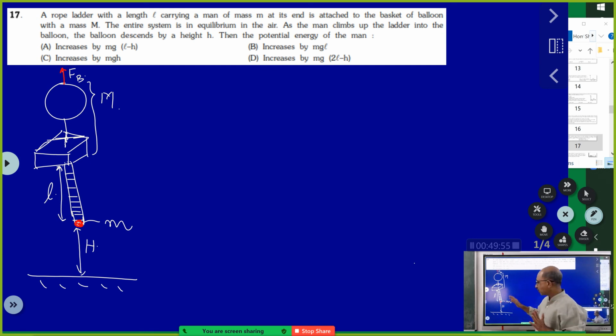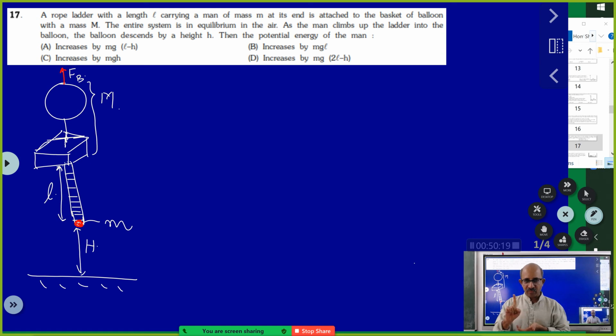So the force that is acting between you and the ladder becomes internal in nature. No external force is involved. So external force is not doing work and the velocity of the system is not increasing.